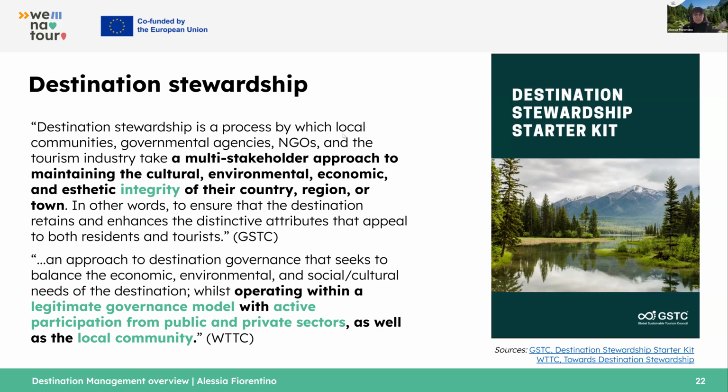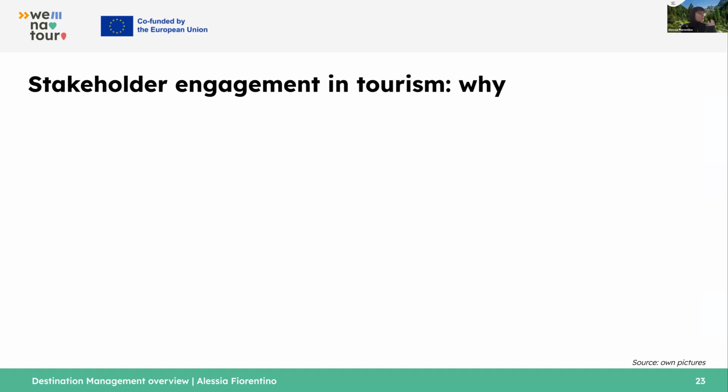So I will now take the step towards stakeholder engagement, because we have seen that we need active participation in tourism from the public, private, and community sectors. So we need to engage all the stakeholders, and we will see later with Riccardo that participation itself works at different levels. There are different shades of participation.